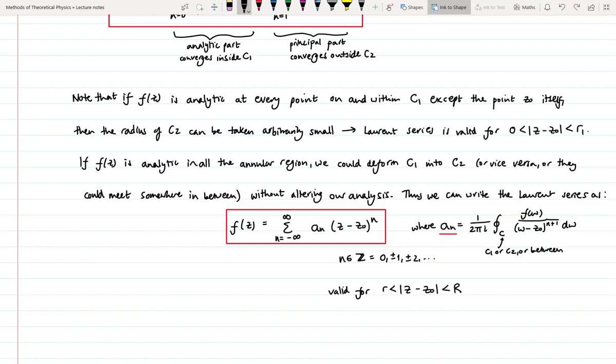As a final small point, to write out our function f of z in full, we would have something like a minus 2 over (z minus z0) squared plus a minus 1 over (z minus z0) plus a0 plus a1 (z minus z0), and so on.